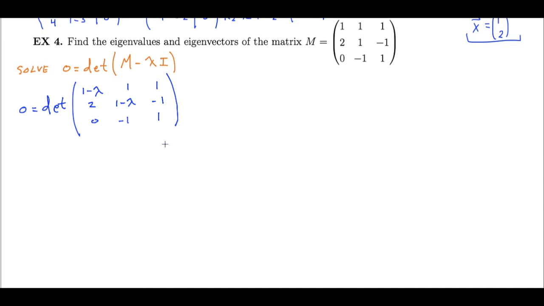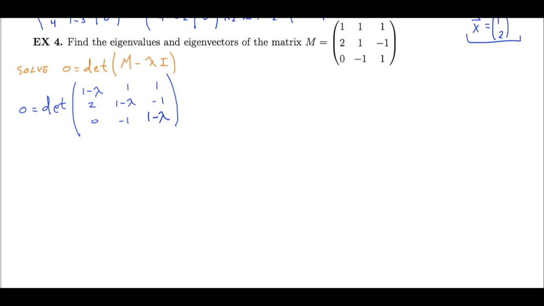From that last problem, I know that M minus lambda I will be the same as the matrix M, but with lambdas subtracted along the diagonal, which means I've got a typo here. Let me fix that. That's better. And now I simply need to evaluate this determinant, and then whatever expression that gives me, I will set equal to 0, as I already have here.